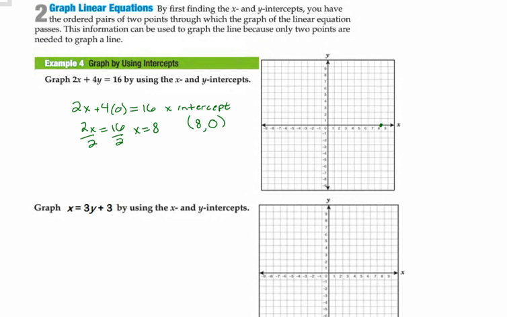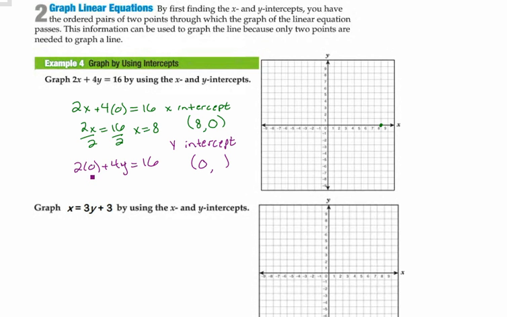Now I'm going to go opposite. I want to find the y-intercept, which means I'm going to plug a 0 in for x this time, and I'm going to solve from there. So looking at this, I have 2 times 0 plus 4y equals 16.